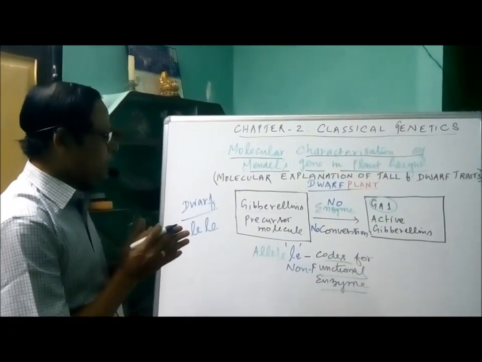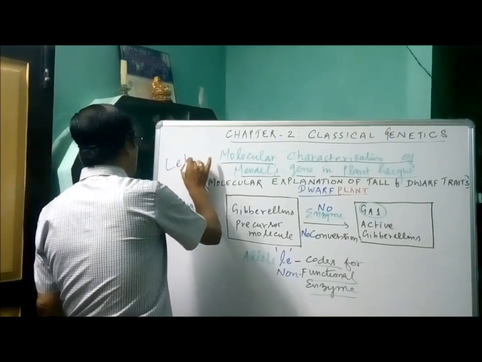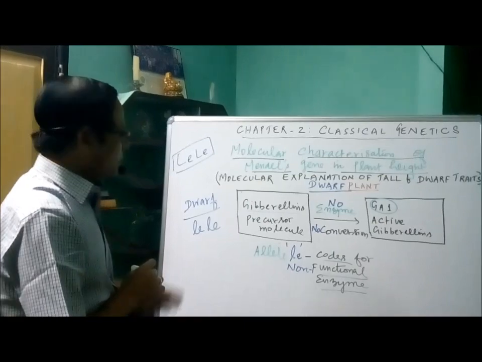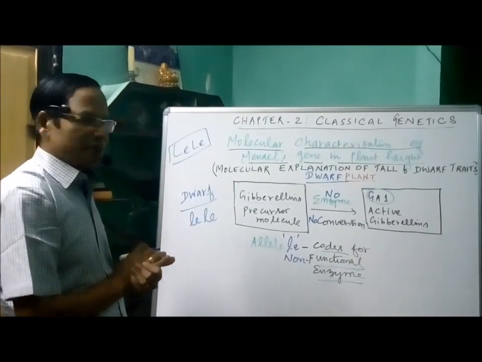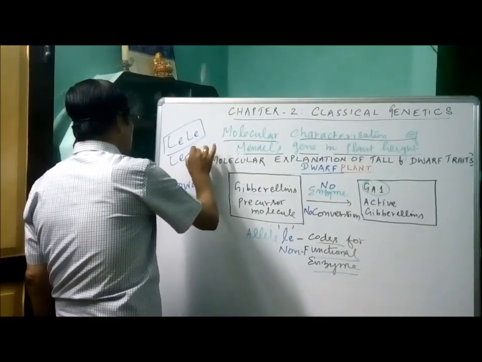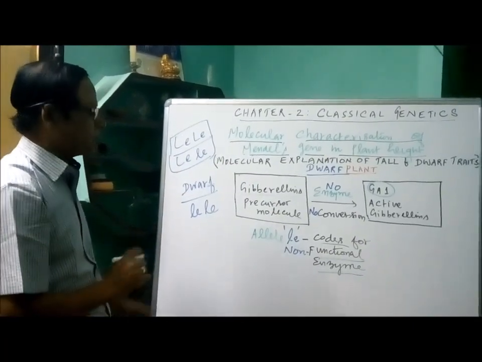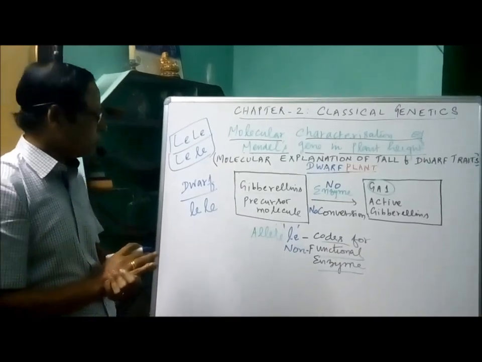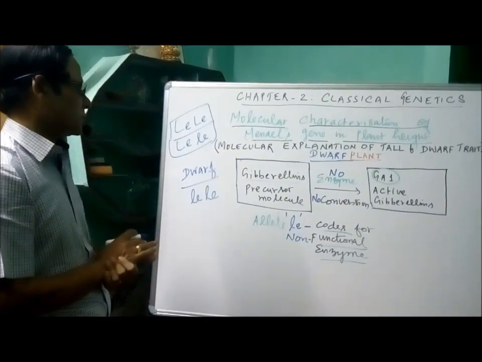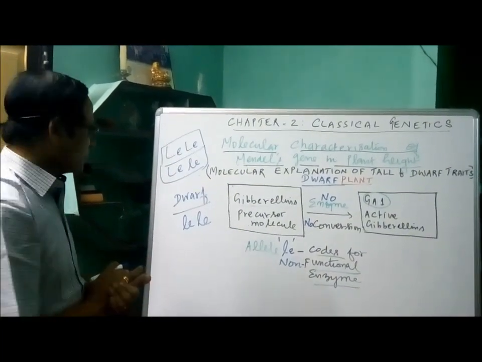The gene for the expression of the enzyme is also dominant. This is the genotype of the tall plant, or it may be in heterozygous condition. So these are the two genotypes responsible for the expression of the enzyme which converts gibberellins into active gibberellins. This is about the dominant character, the tall plant.